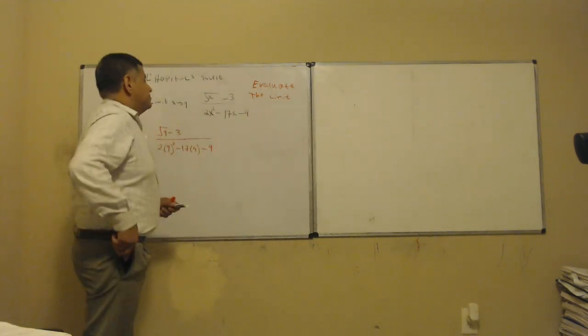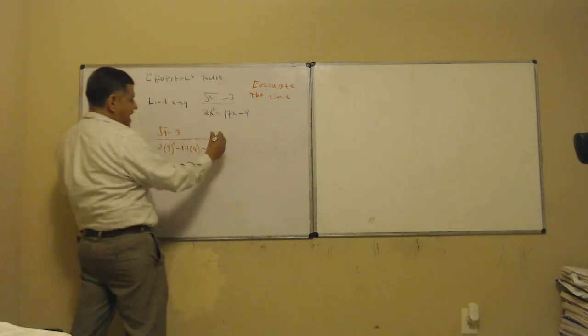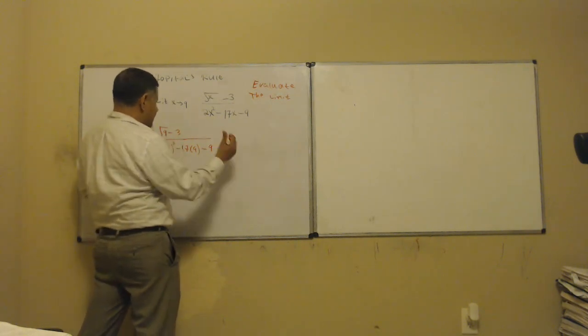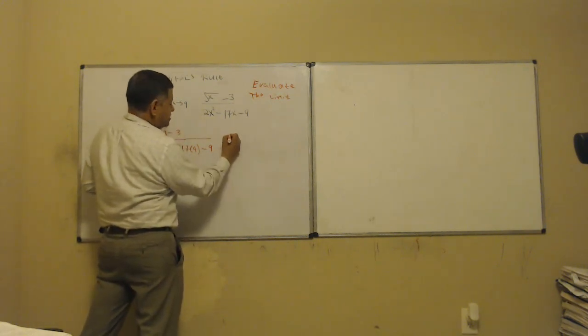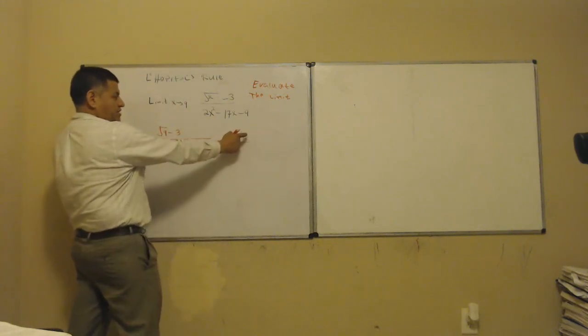Let's take the top. The square root of 9 is 3, so we get a 0 on the top.